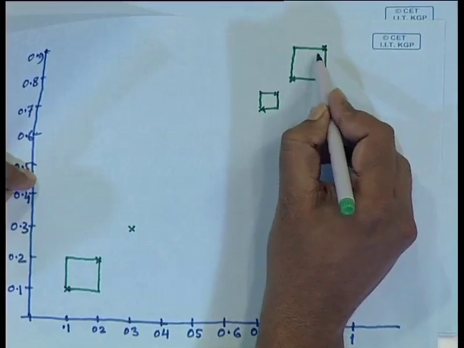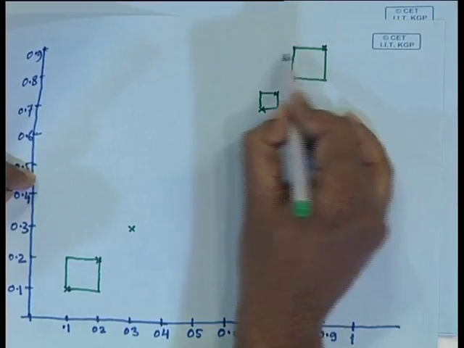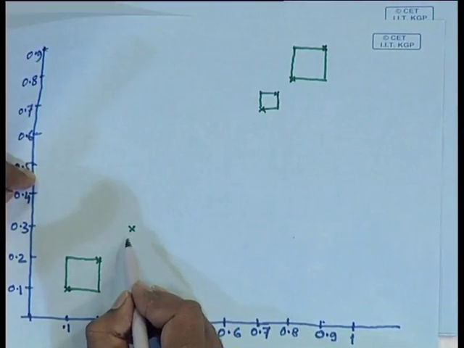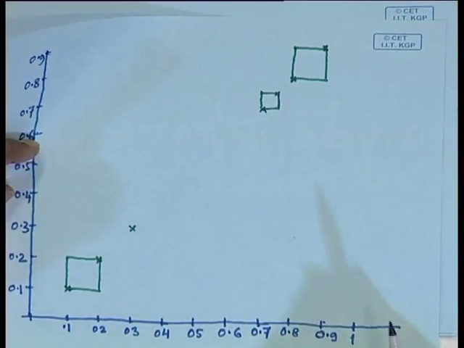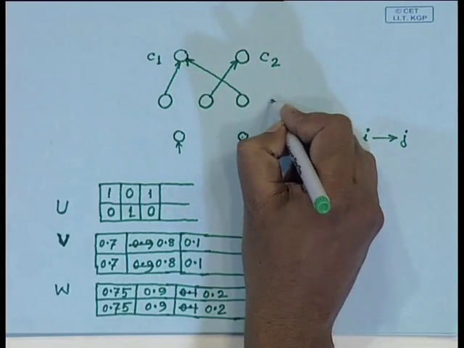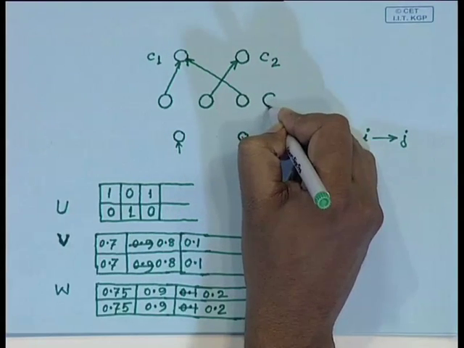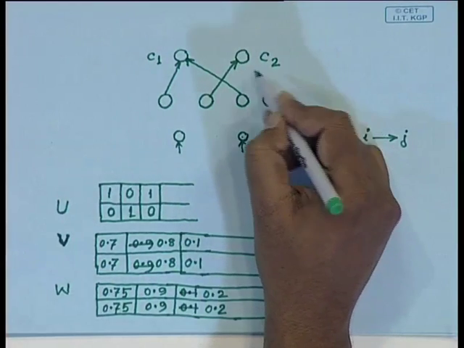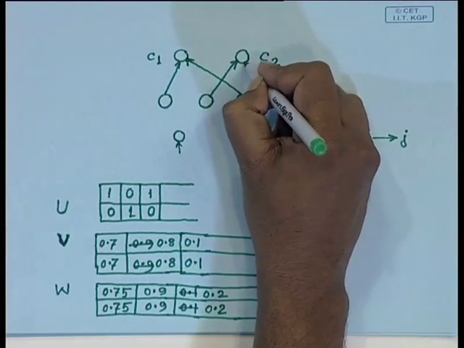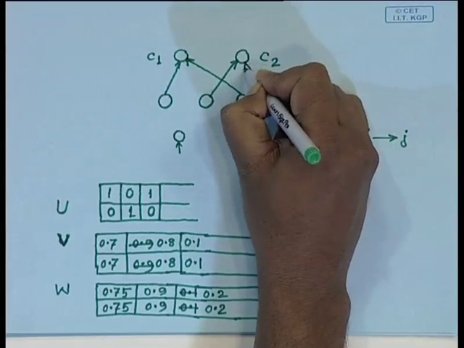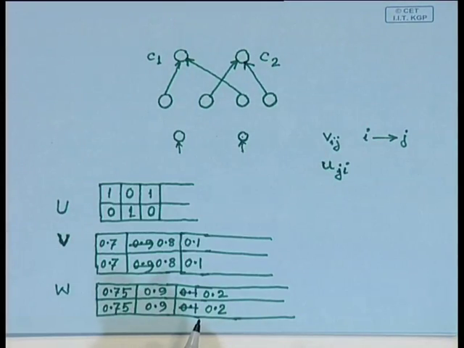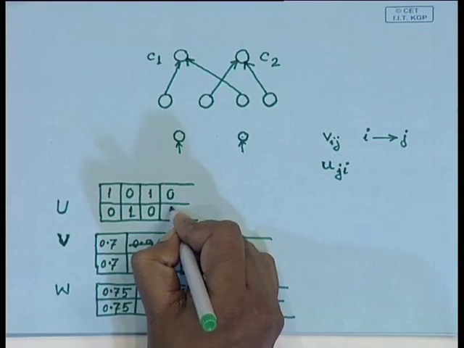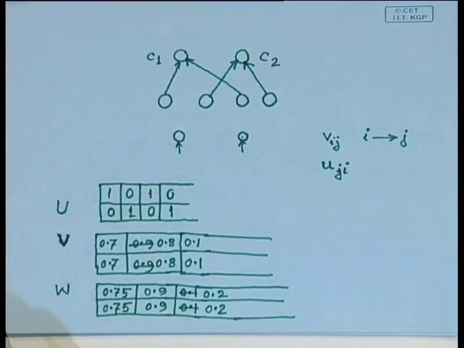The earlier hyperbox for C2 was this. Assuming that this cannot be expanded to include this, I have to add a new node in the middle layer. So, the new node in the middle layer comes somewhere over here, and I know that this belongs to class C2. So, it will only have a connection to C2, the classifying neuron C2, and accordingly the corresponding entry in the U matrix will be 0, 1.